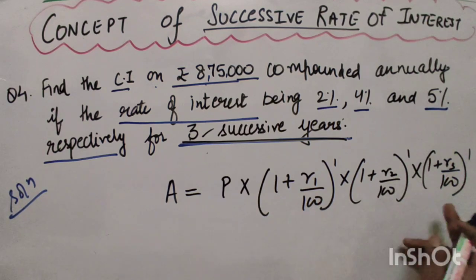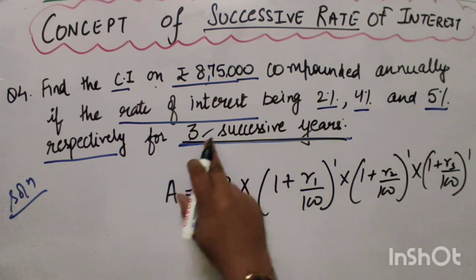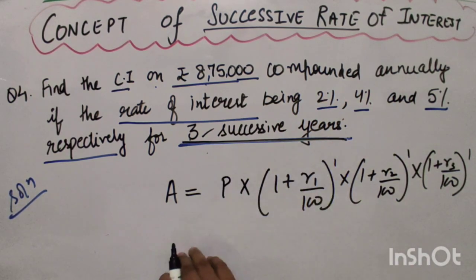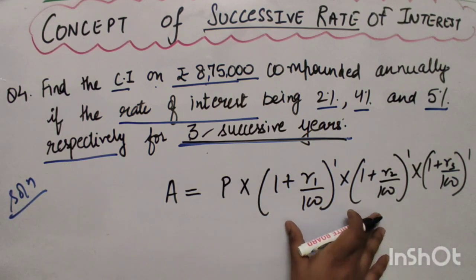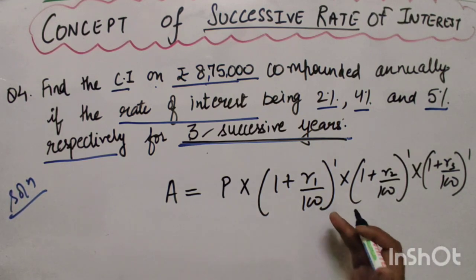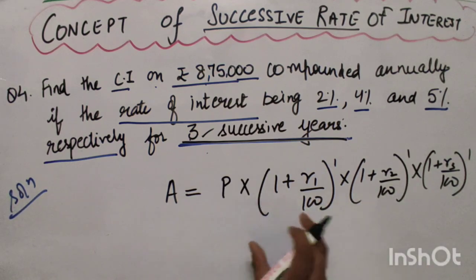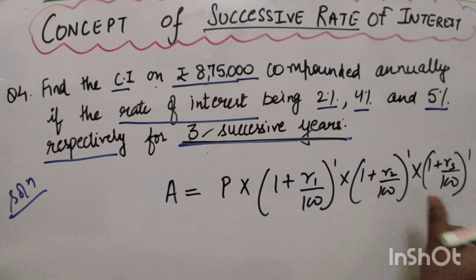Why have we written till 3? Because we have been given 3 rates of interest for 3 successive years. So this becomes the formula. If it had been 2 years, you would keep it till 2 only, but the formula remains the principal multiplied by the rate of interest factor for each year in this manner.